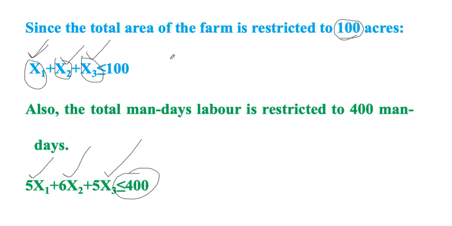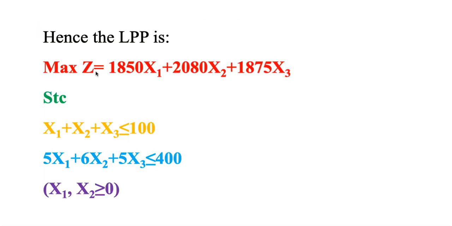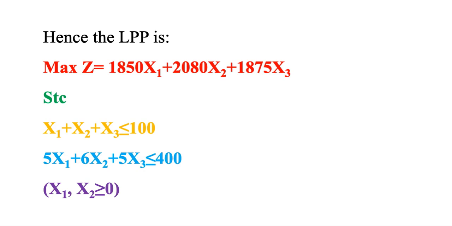Now if we formulate the LPP from this given data, we will be having max z, which is our objective function because we have to maximize the profit. Max z is equal to 1850x1, which we have calculated, plus 2080x2 plus 1875x3. Subject to constraints, this is x1 plus x2 plus x3 is less than or equal to 100, and this is the constraint of the land which is available for cultivation.